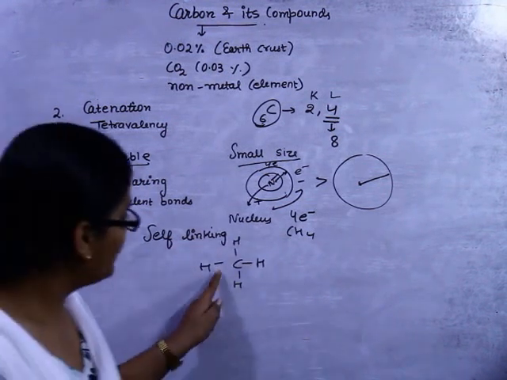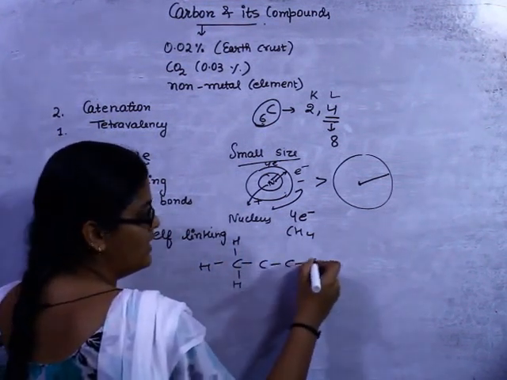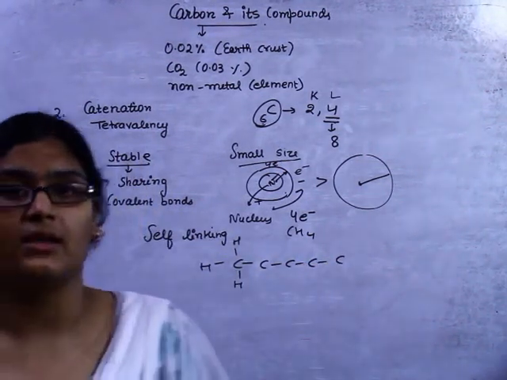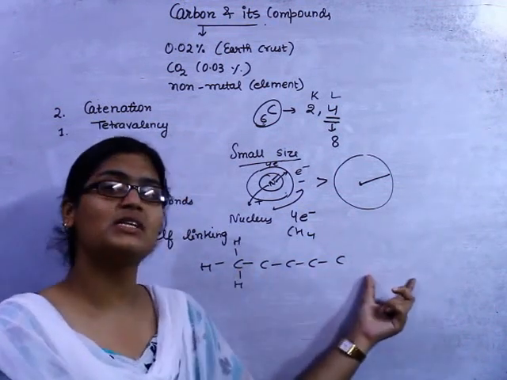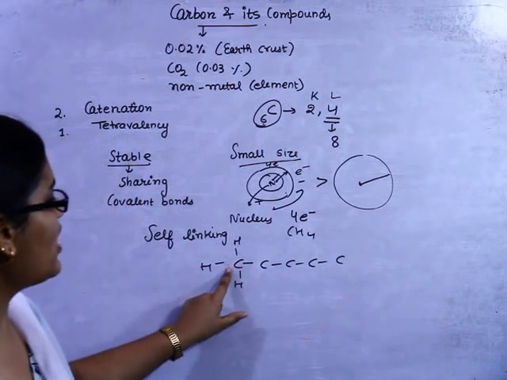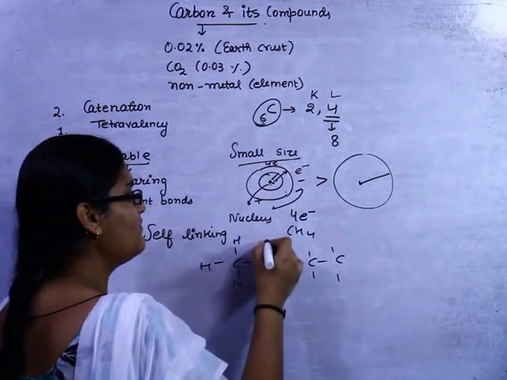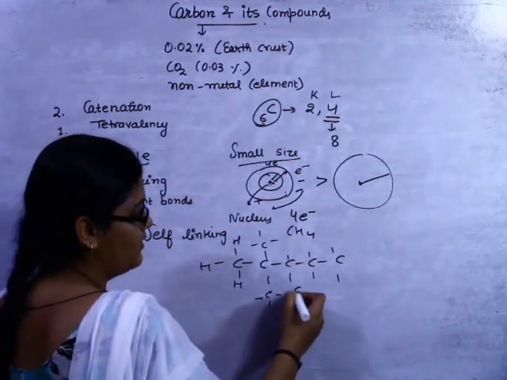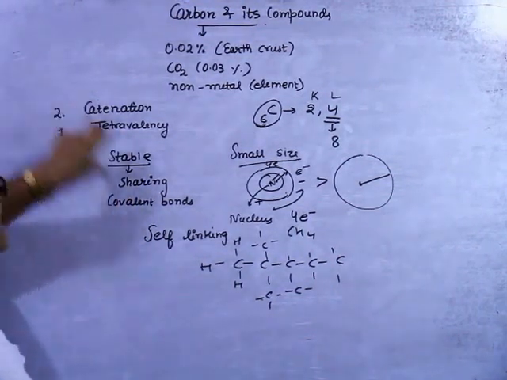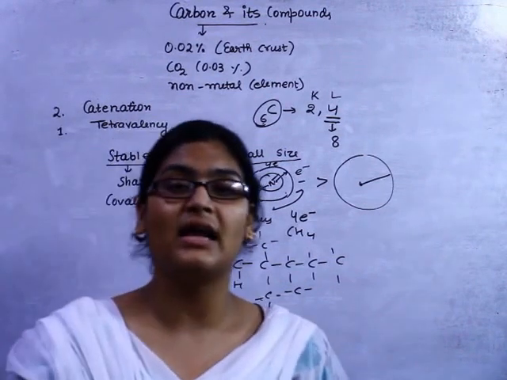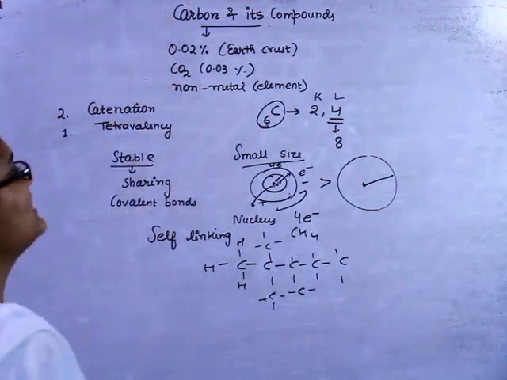It can combine with 4 other elements, and also it can form a huge chain with itself. A long carbon chain is also there. This is called the self-linking property. Each and every carbon atom combines with itself, which makes it stable. Okay? These two properties make carbon so popular that we study its own branch, which is organic chemistry.